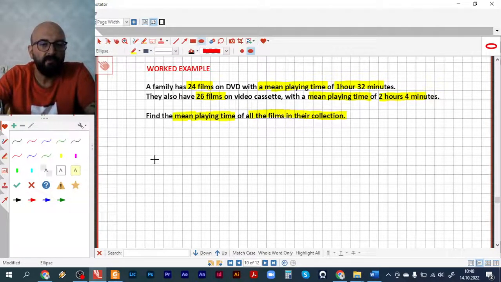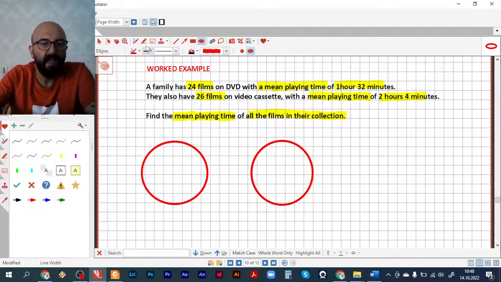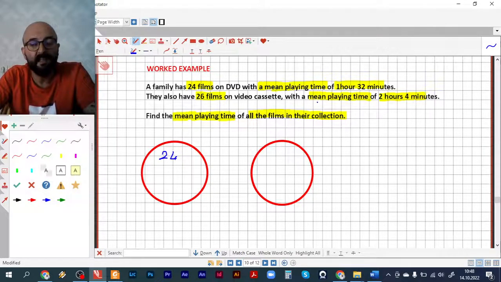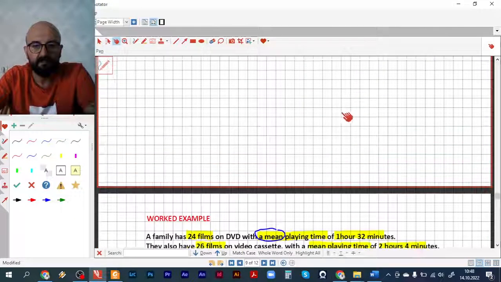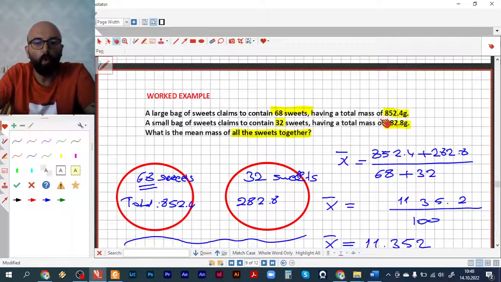Okay, now we have two groups again, and the first group we have 24 films. But notice that as a difference from the last question, before they gave us the total mass.